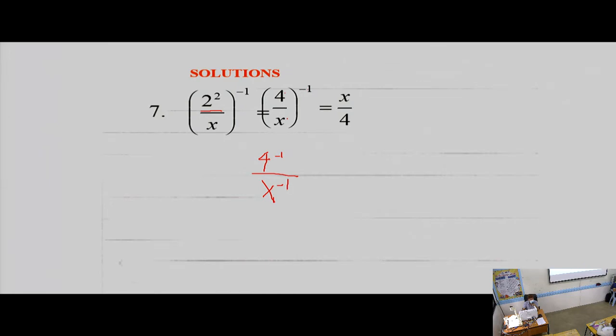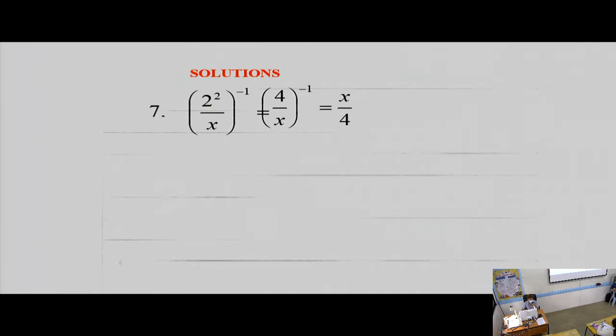And if the exponent is negative, you are just going to get the reciprocal. So, since they are both negative, just switch the numerator and the denominator. So, you will have here x to the power of 4, since they are both negative exponents.